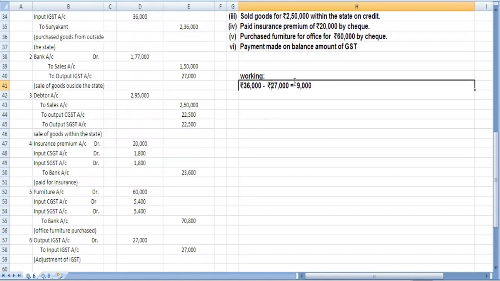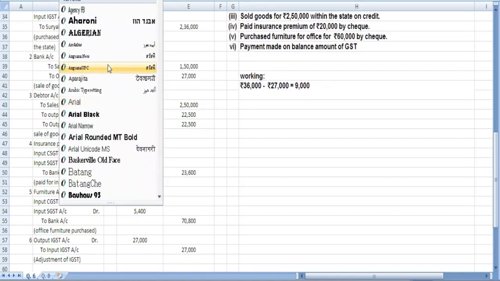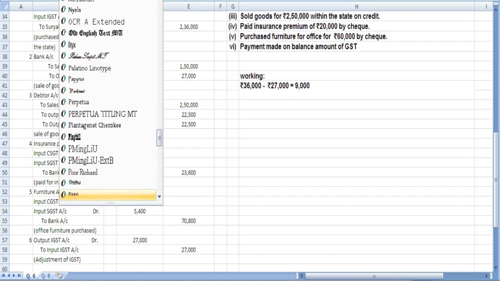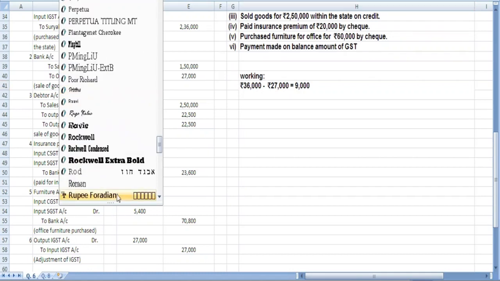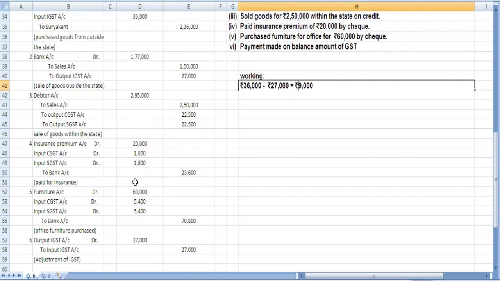So here our input IGST was excess by rupees 9,000. So first we simply adjusted our output IGST with input IGST, 27,000, 27,000.